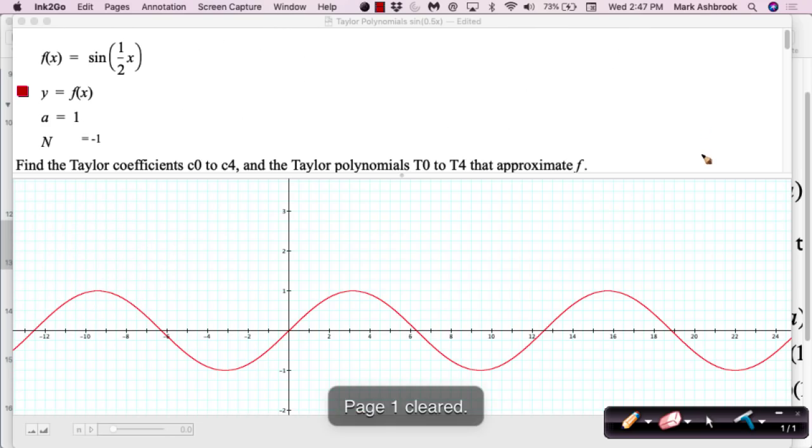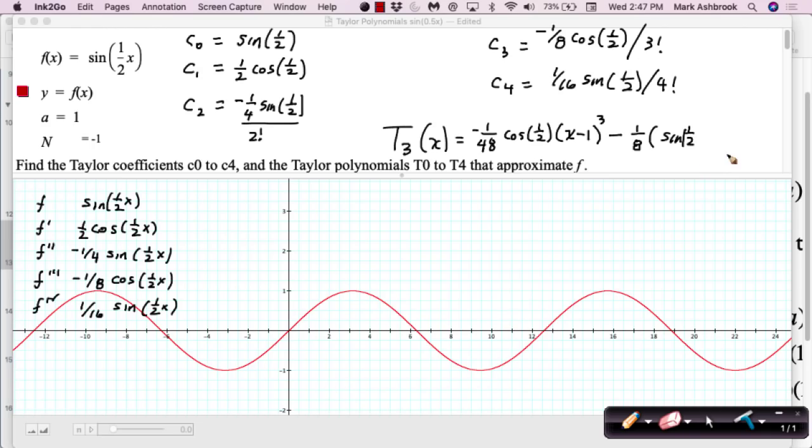Oh my gosh. Whew. That was a close one. So negative 1/8 times sine of 1/2 times x minus 1 squared.